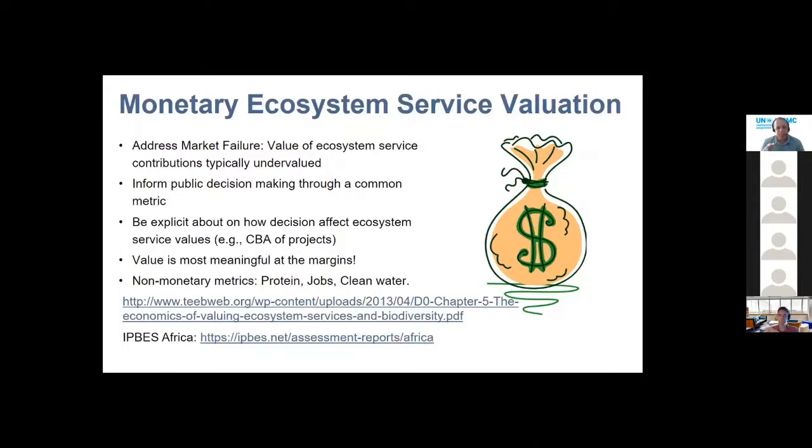But you may also want to look at non-monetary metrics, so protein, jobs, clean water are also very valuable in terms of the social implications of loss of those types of things.